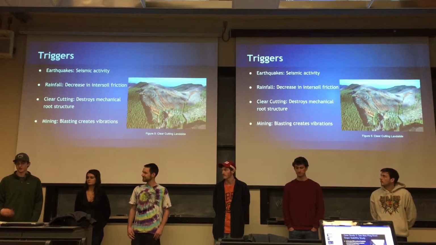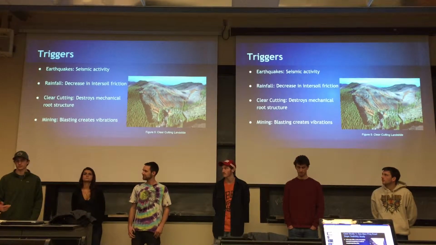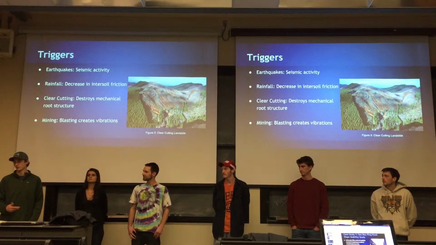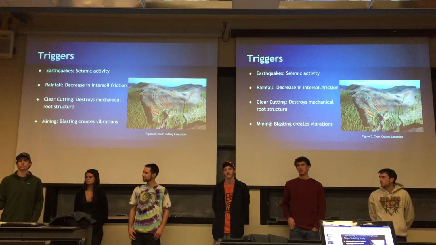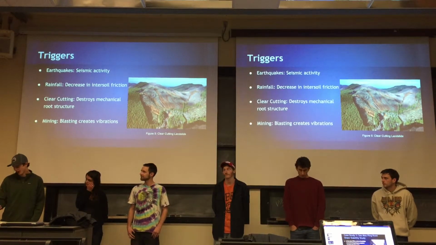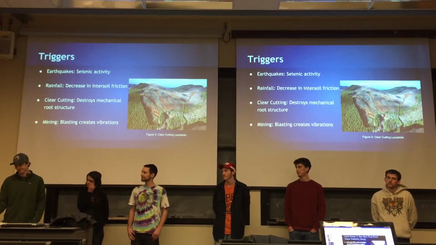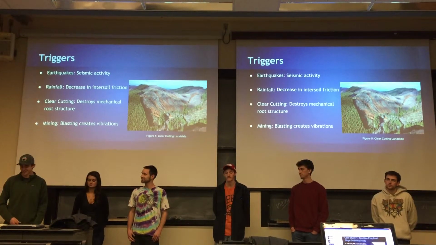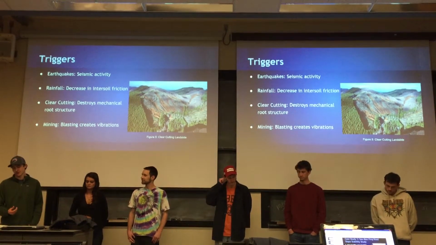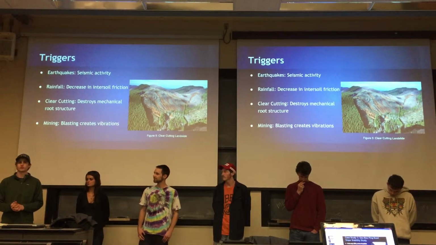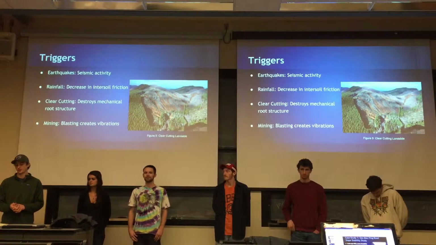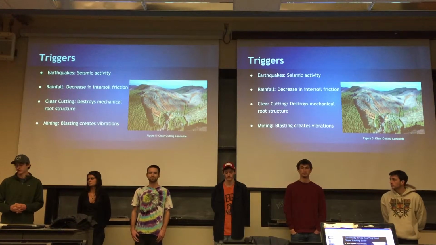As we've already talked about some of the background about certain areas that are prone and why they're prone, there have to be triggers that cause landslides, and usually there's not just one reason why slopes fail or landslides are caused. Earthquakes are the main trigger of landslides, as seismic activity can cause soil to shift and become unstable.